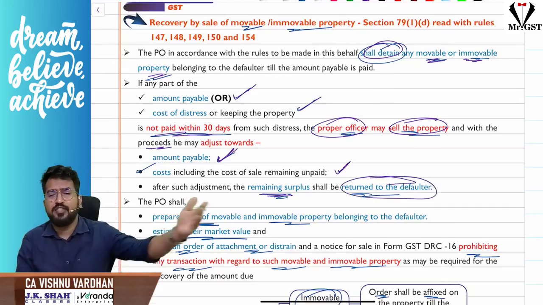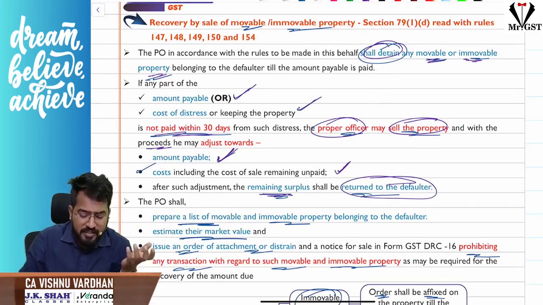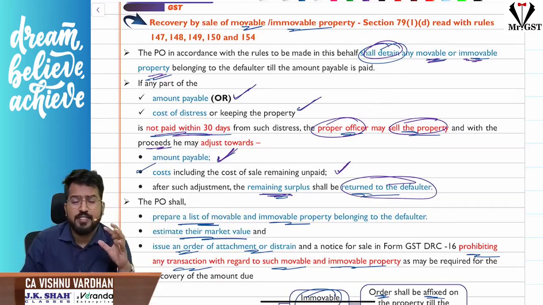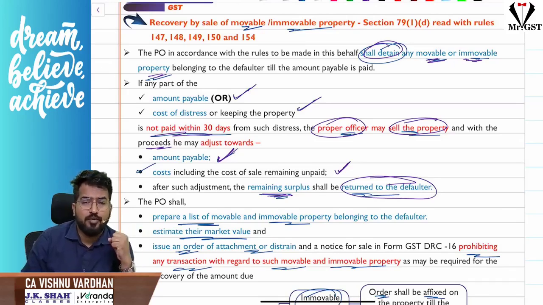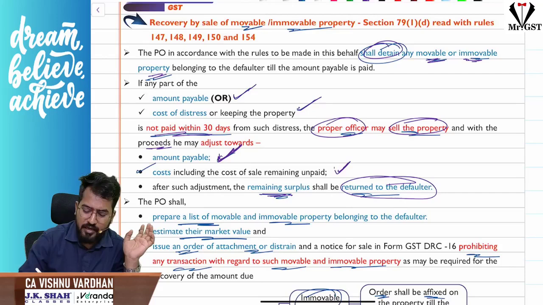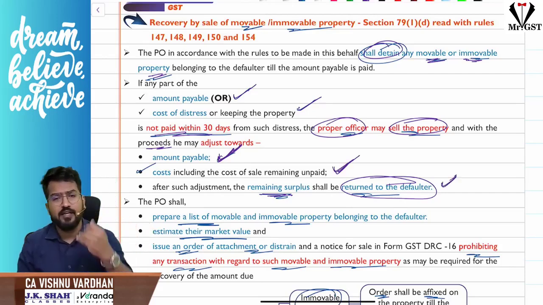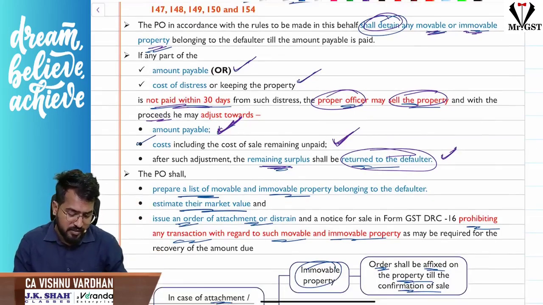For example, if we have his immovable property worth 1 crore, we will detain the property and see within 30 days whether he makes the payment, including the cost of holding that property. If he is not making these payments, we will sell the immovable property. Whatever is recovered, we will adjust for the liability and the cost of selling that property, and any surplus amount in hand we will return to the defaulter.